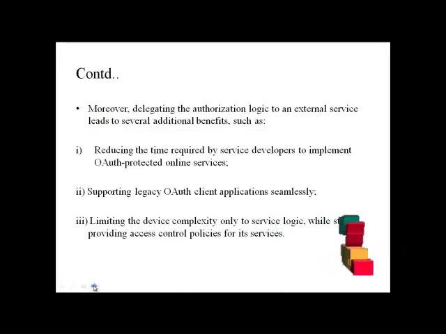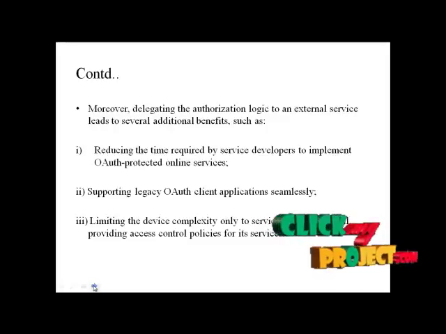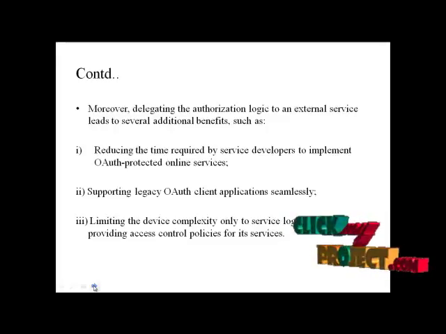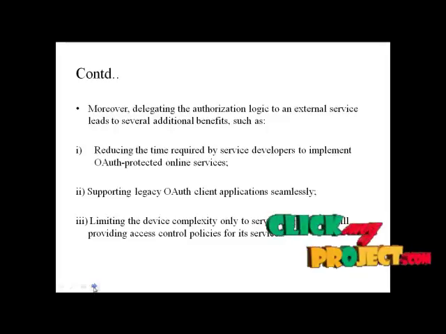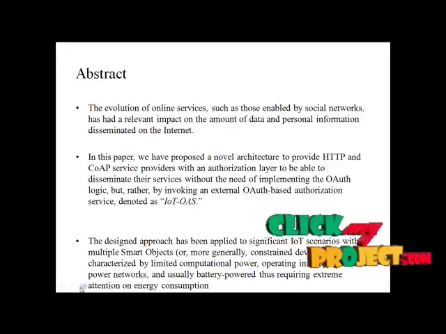Moreover, dedicating the authorization logic to an external OAuth service leads to several additional benefits, such as reducing the time required by service developers to implement OAuth-protected online services, supporting legacy OAuth client applications seamlessly, and limiting the device completely to service logic while still providing access control policies for its services. This is the abstract of our process.